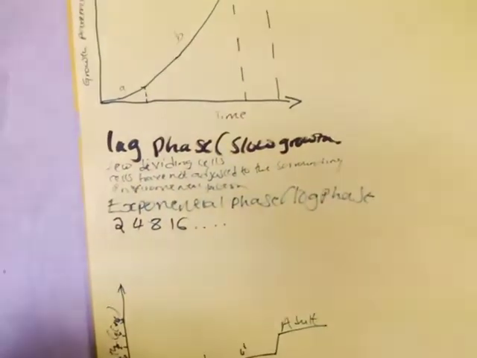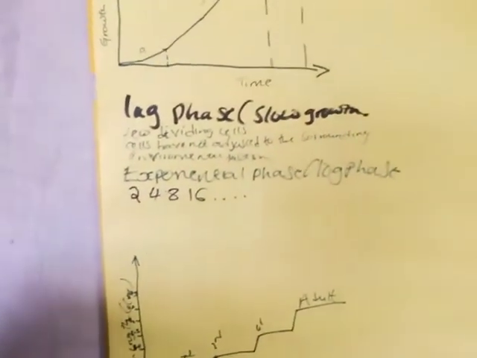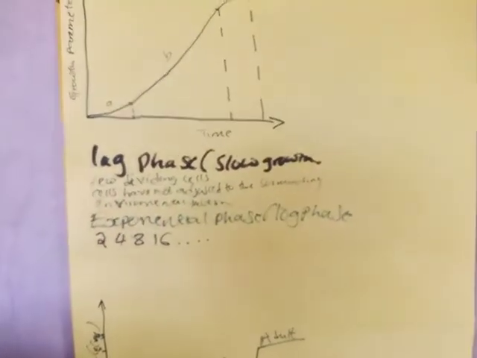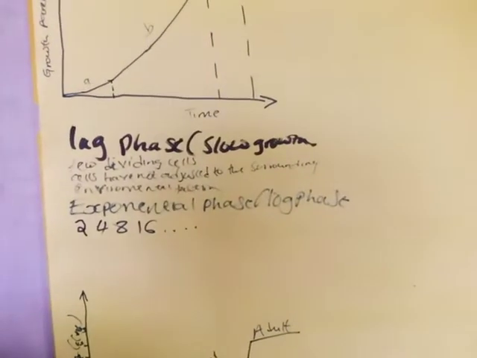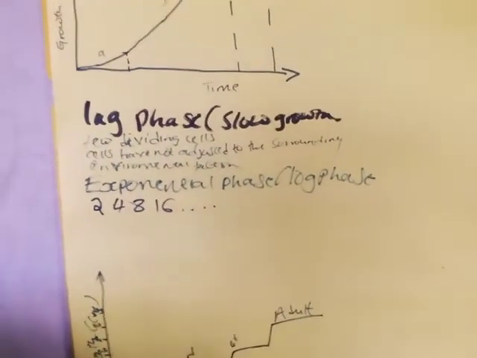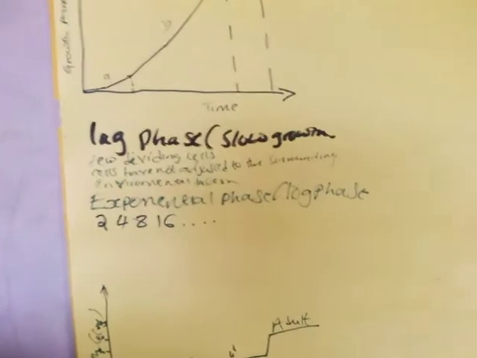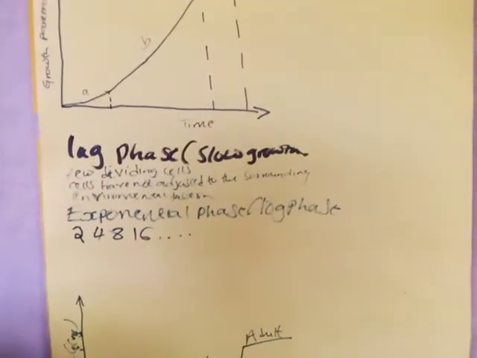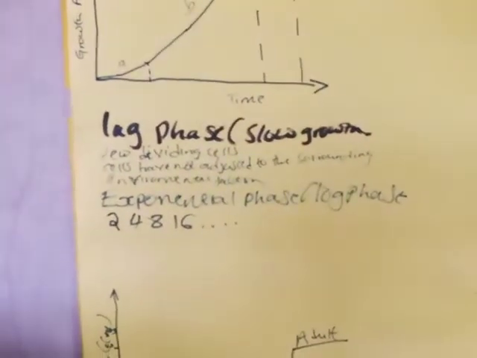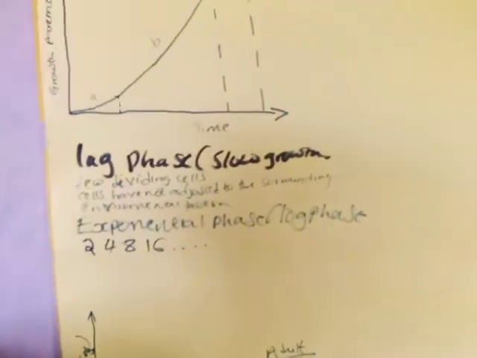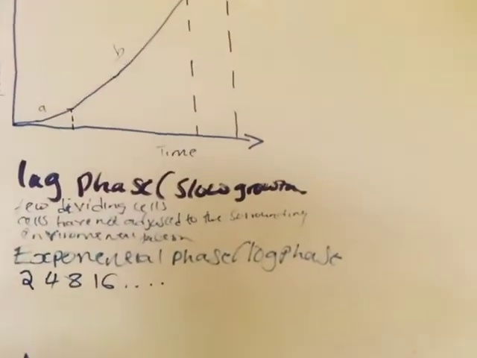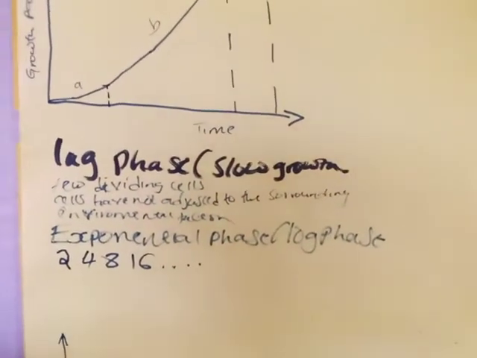Another reason why we have a rapid growth rate is that the cells have already adjusted to the surrounding environment. And another thing is that food and other factors are not limiting.